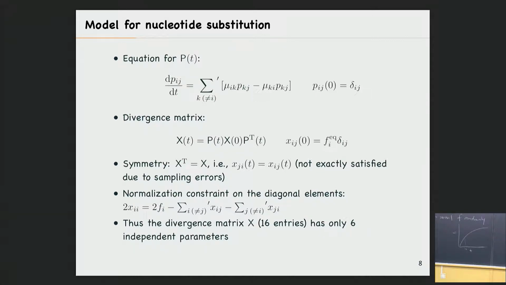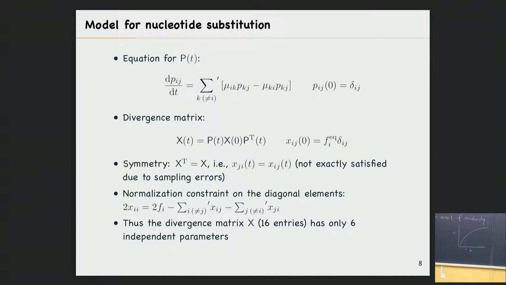So you have the initial condition here, the evolution matrix forward for one branch, and the transpose of that evolution matrix for the other branch. At the beginning, x_ij is given by the frequency of the different nucleotides times the Kronecker delta. It tells you that the two nucleotides are equal, and they appear with a frequency equal to the equilibrium frequency of that nucleotide.